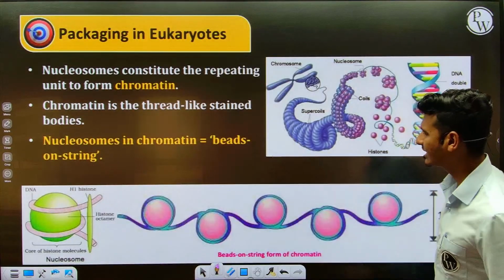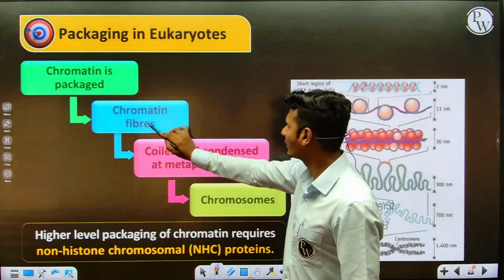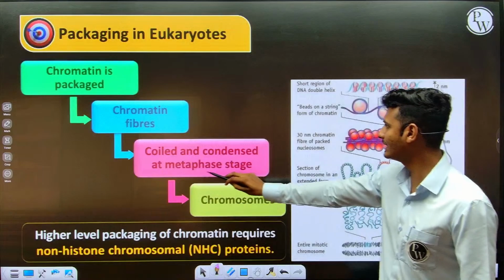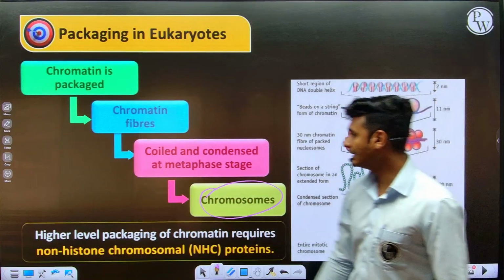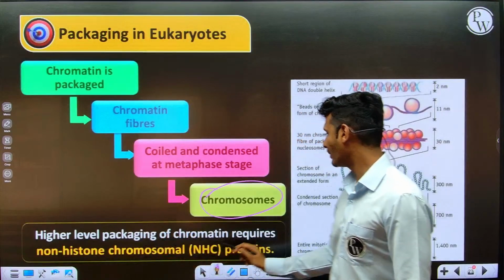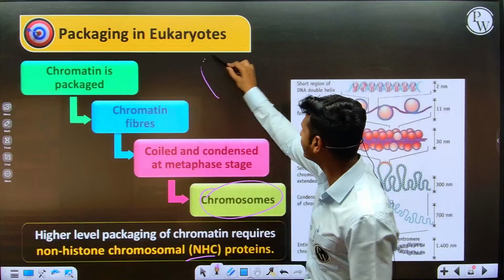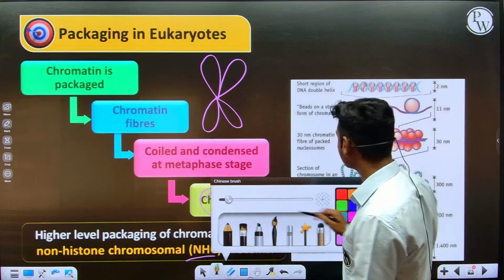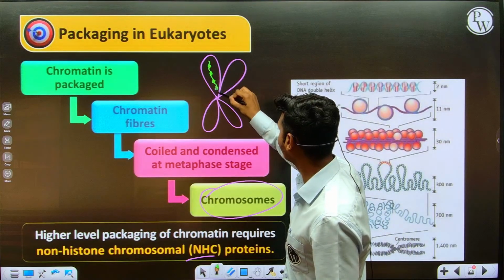So the beads on string structure, we already discussed. Chromatin fiber is coiled and condensed, and at the metaphase stage, it is packed inside the chromosome. The higher level of packaging of chromatin requires non-histone protein also, like this is the chromosome. Here is the histone protein and chromatin fibers.